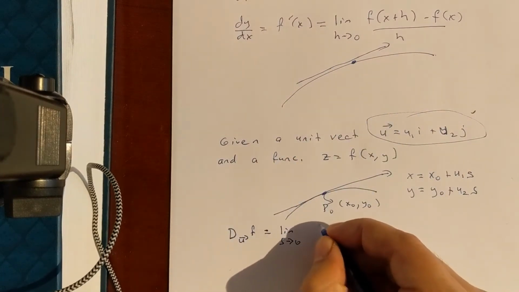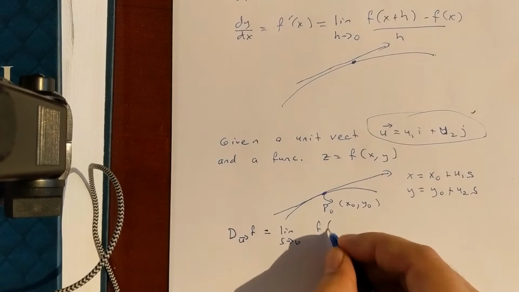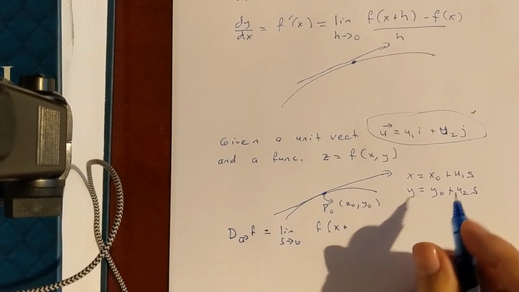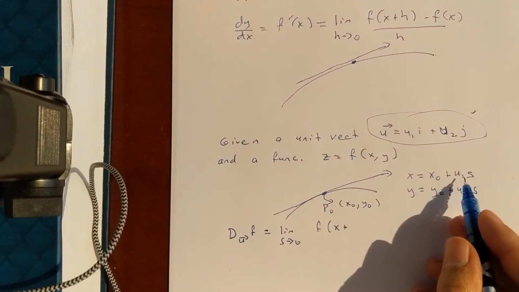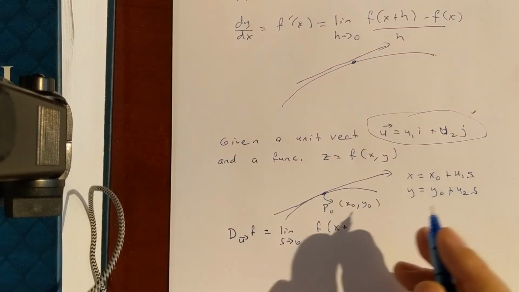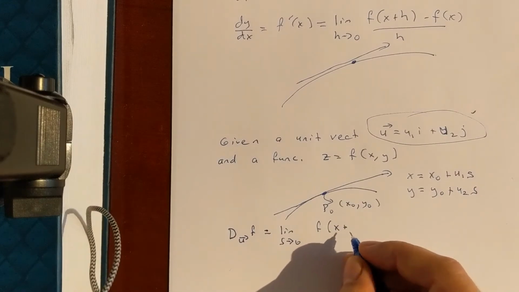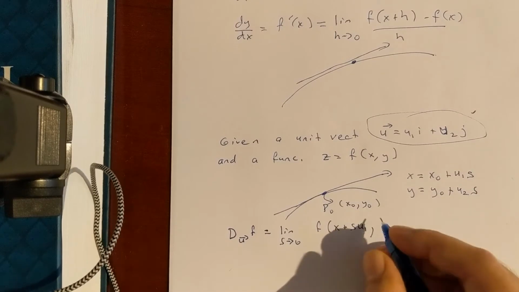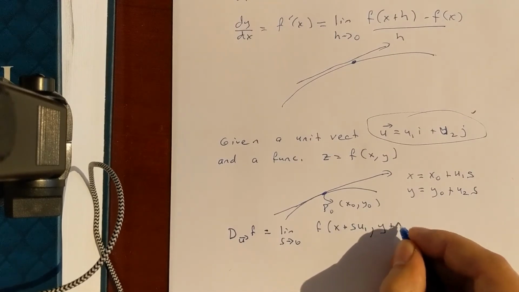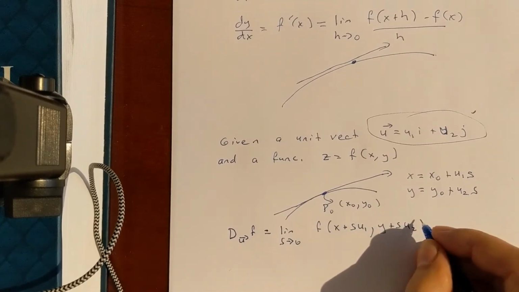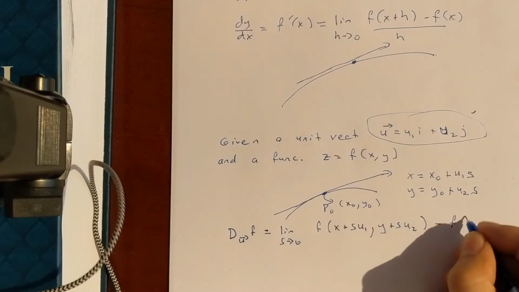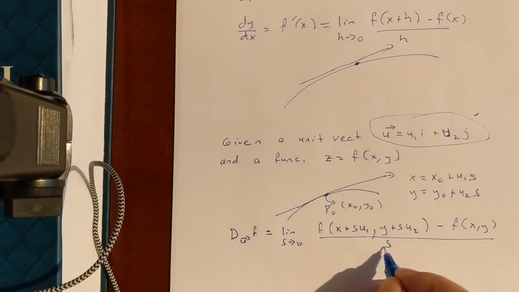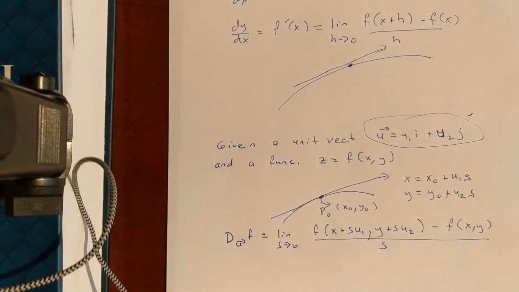In the old days, I had f of x plus h, where h meant move h units right. Now you're going to move s times u1 units, comma, y plus s times u2 units, minus f of x, y, all over s, whatever s is.